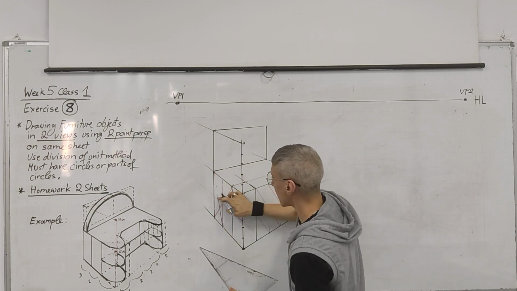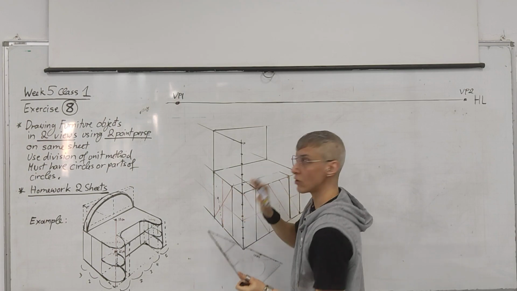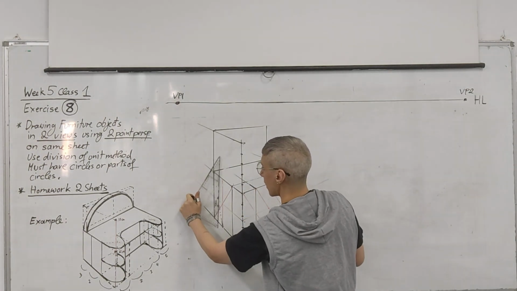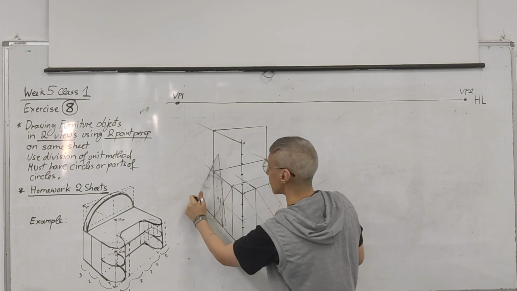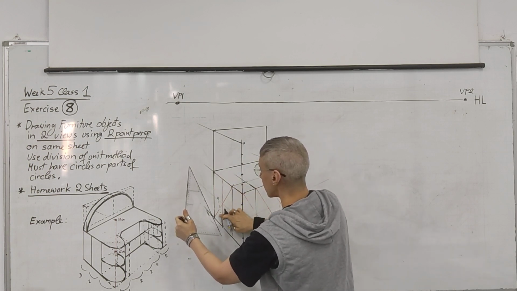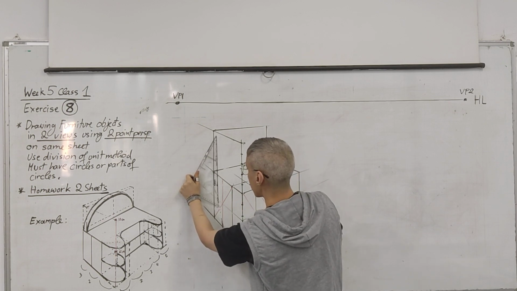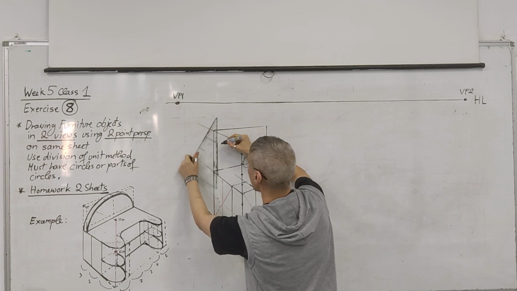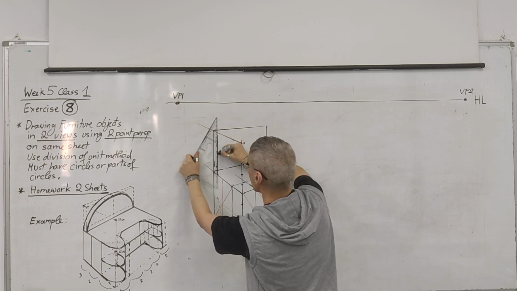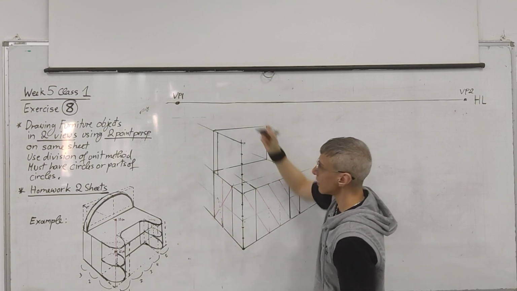I don't want to overcrowd here the drawing, but in your drawing, everything you do, it stays on the paper. Remember this. So this is here the center of this. We put the diagonals, we found the center. Now we put this up. Again, where it will intersect this line.